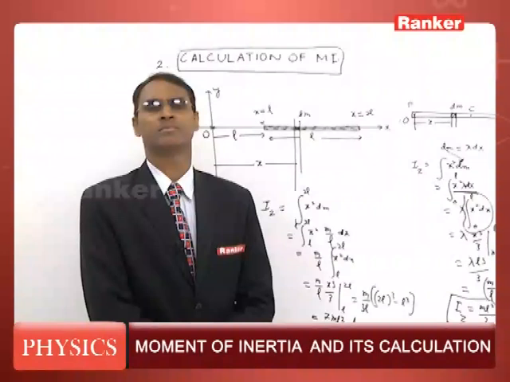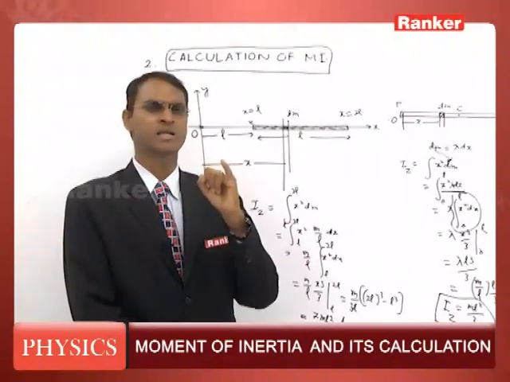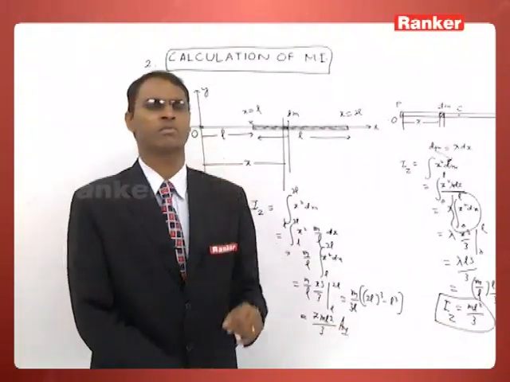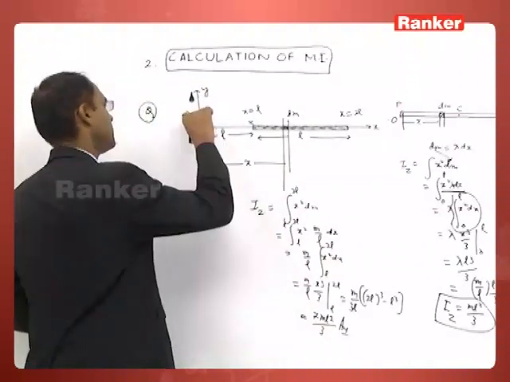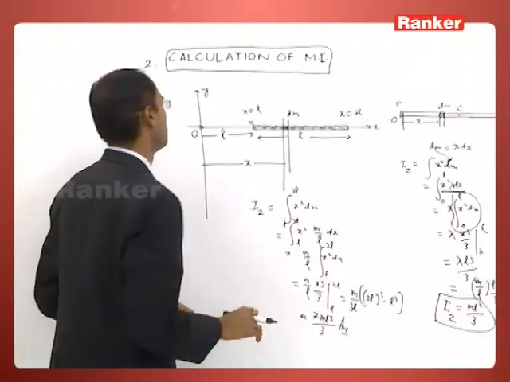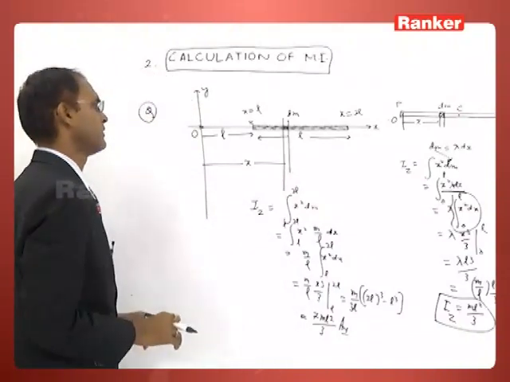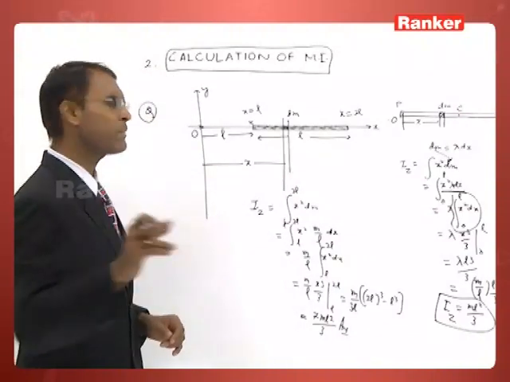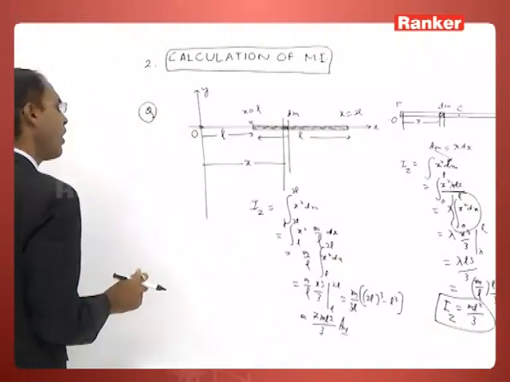Number 1 condition. Number 2 condition is the axis must be perpendicular to the rod. Either this is the y-axis or this is the z-axis. If the axis is not perpendicular, then how to solve the problem?